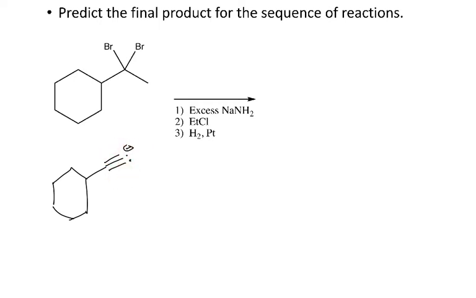So now when I react this with the alkyl halide, I'll get an SN2 reaction, and that's going to end up giving me an ethyl group added on to the end of my alkyne. And then in the last step, when I react this with hydrogen gas and a platinum catalyst, that will completely reduce my alkyne here and convert it into an alkane.